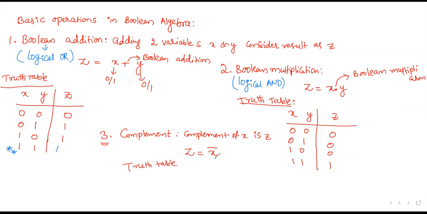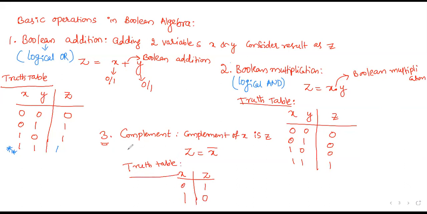For the truth table, we have only one variable, x, and the result is z. x will take either 0 or 1. When the input is 0, what is the complement result? 1. When 1 is there, 0.